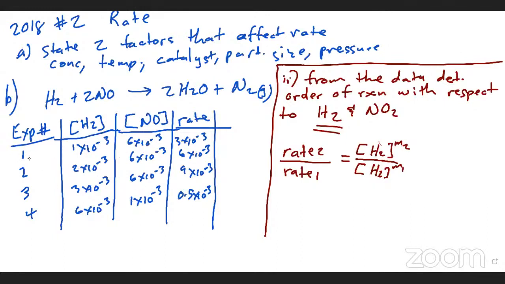For experiments 1 and 2, rate 2 is the bigger one, so it would be 6 times 10 to the minus 3 divided by 3 times 10 to the minus 3. You are going to get 2.